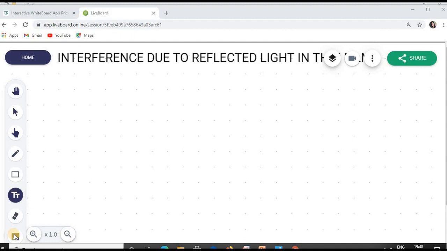These 2 rays are derived from the same incident ray. Firstly, a ray is hitting the interface of the film, and later this gets divided into a reflected ray and a transmitted ray.